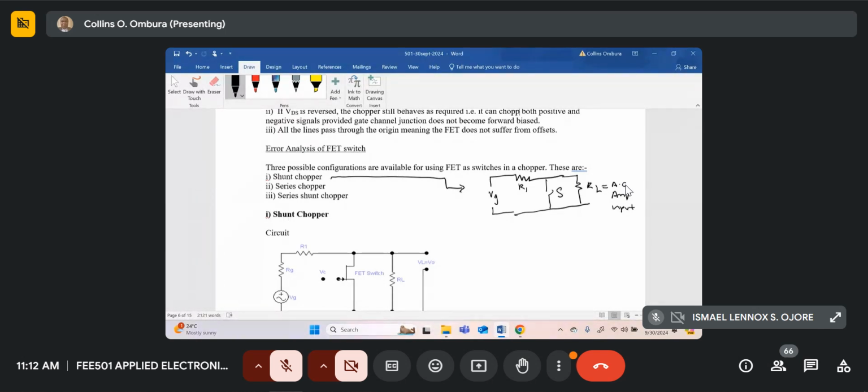The next one will be called a series chopper. With the series chopper, you shall see the circuit, but it's just VG. Now you put your switch in series with the load. So this is the switch. It's in series with the load. VG is the generator voltage.